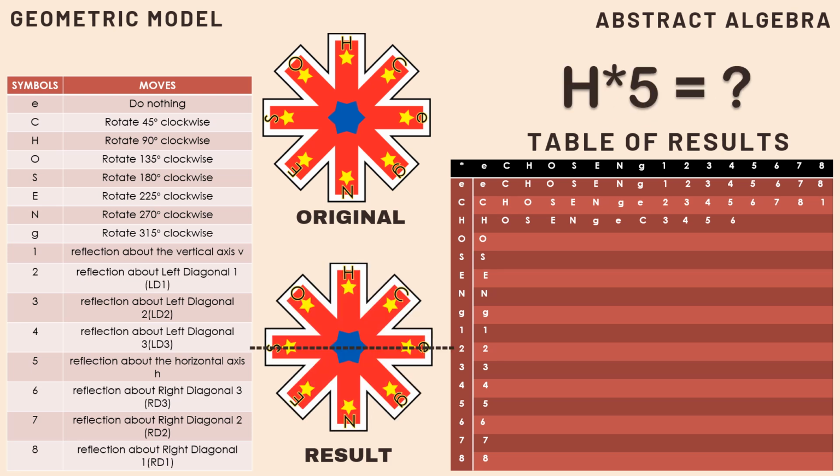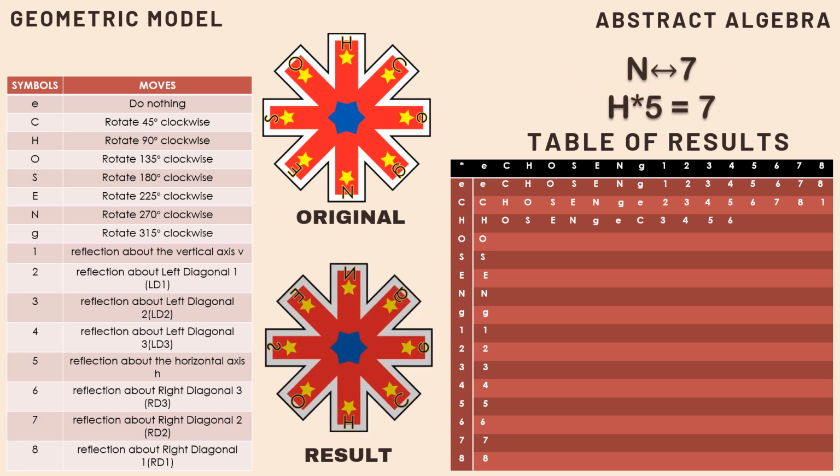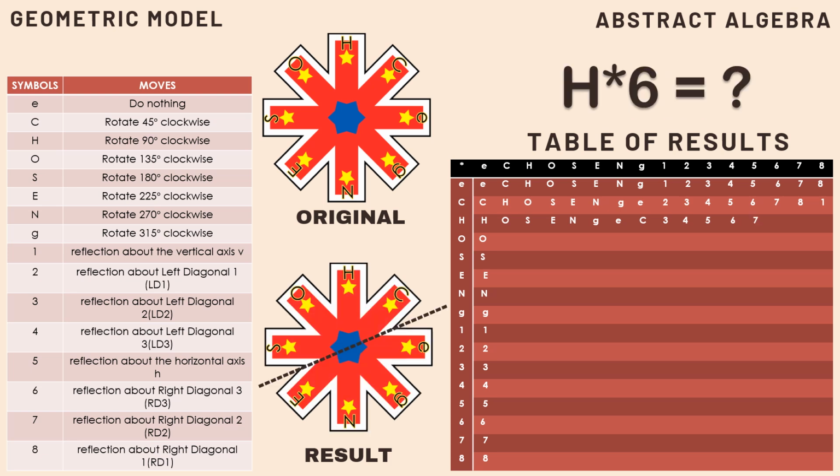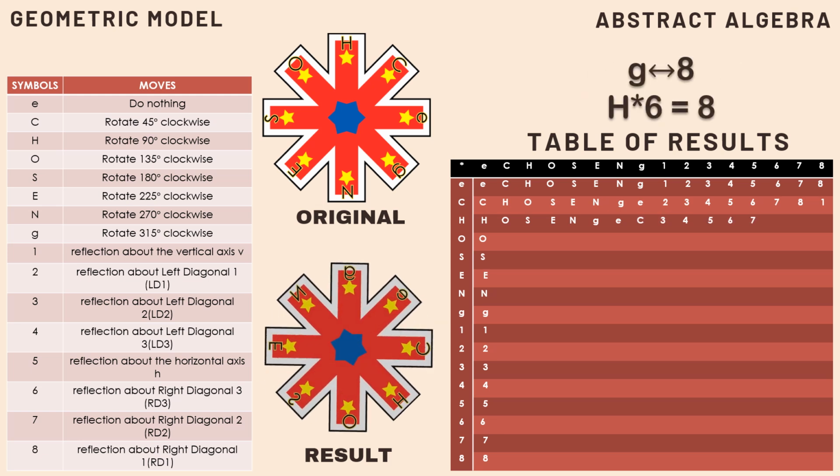H star 5. Since N maps to 7, then H star 5 is 7. H star 6. Since G maps to 8, then H star 6 is 8.